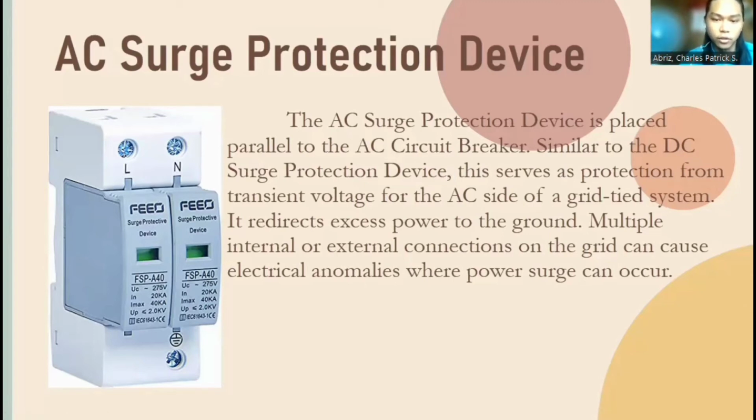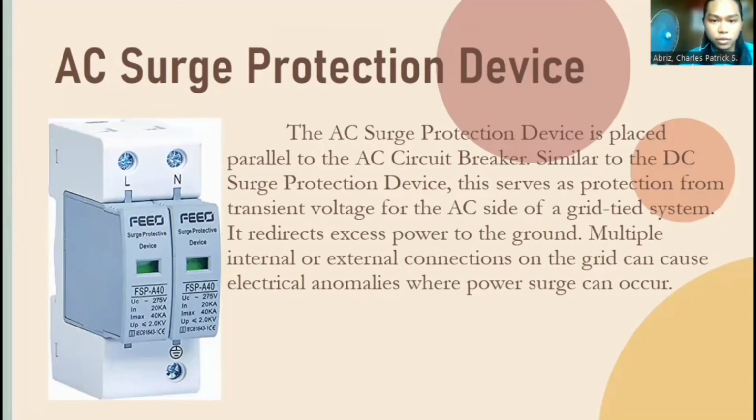Multiple internal or external connections on the grid can cause electrical anomalies where power surge can occur. An AC surge protection device offers the same level of safety as the DC surge protection device. The only difference is that it should be connected to the AC side of the grid-tied system in order to work.